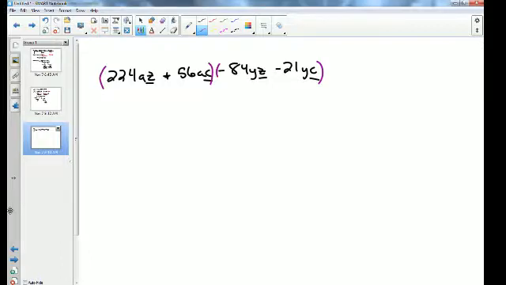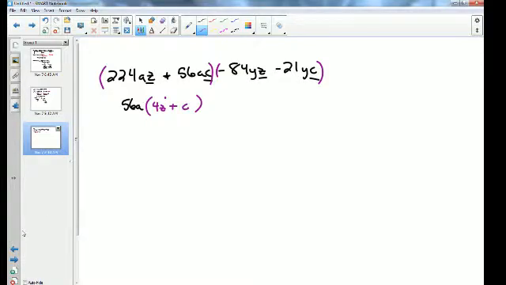Okay, so what are my factors, greatest common factors? 56. I would say 56 is a factor, 224, and 56 and A. Right, so 56A. What's left over? C, 4, C, ZC?